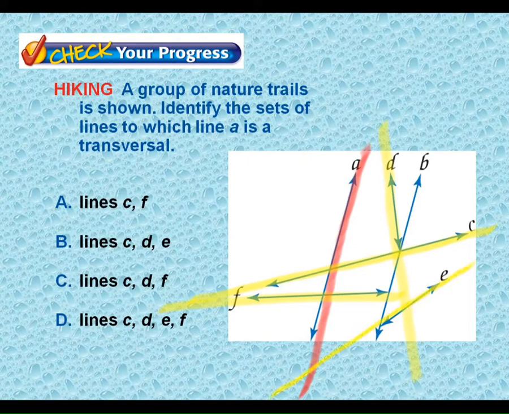E? Yep. I would say B is not because it would be parallel to that one, right? So D, C, E, and F would be transversals, and A is parallel to B. Any questions with that? Transversal lines that intersect?